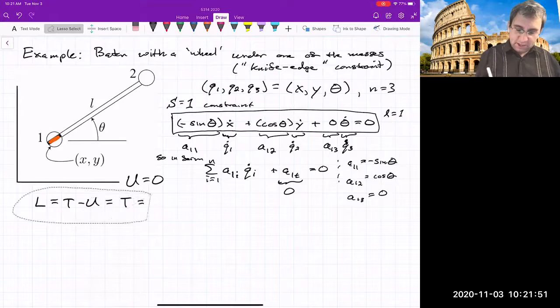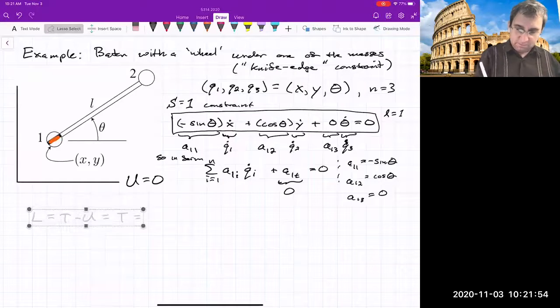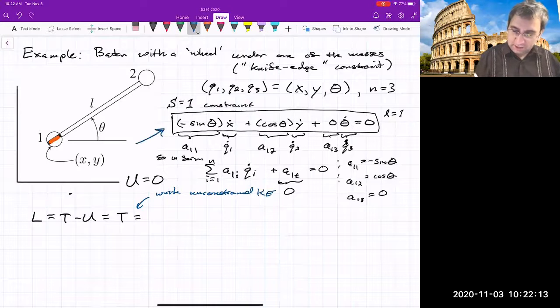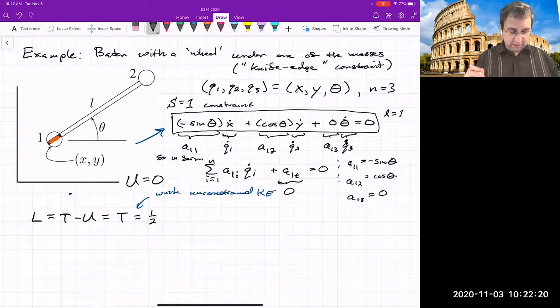You write down the unconstrained kinetic energy. What does that mean? Don't apply this constraint formula. So you write this as 1/2, and let's say these have equal mass.